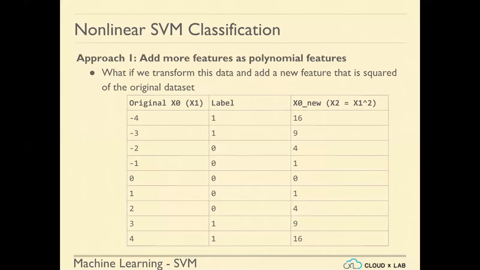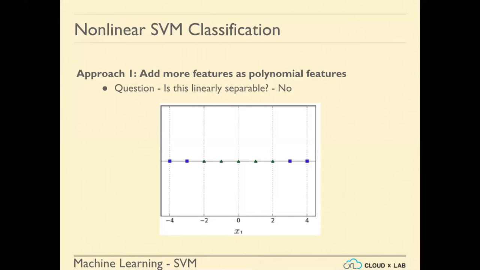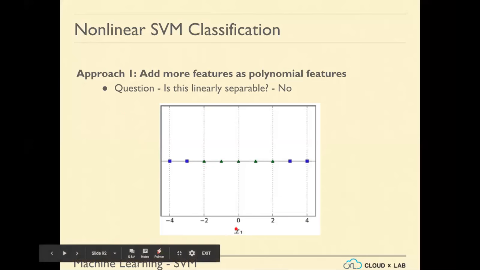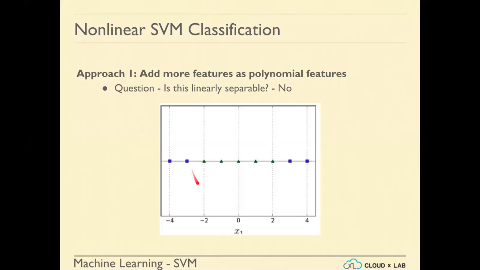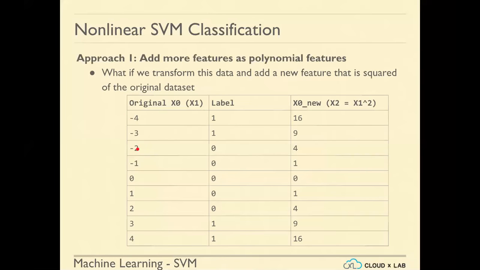Therefore, let's try to square the values of x1, meaning -4 will become 16, this will become 9, this will become 4, and so on. While the x2 will remain as such.